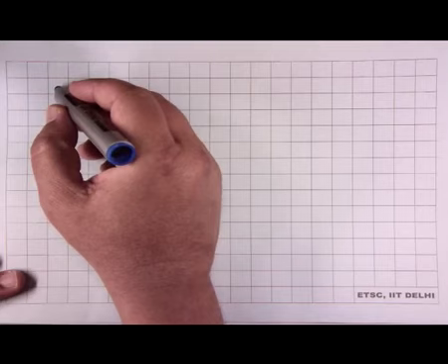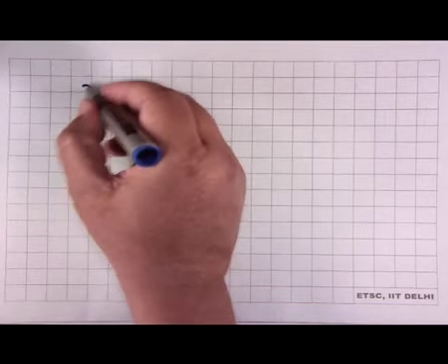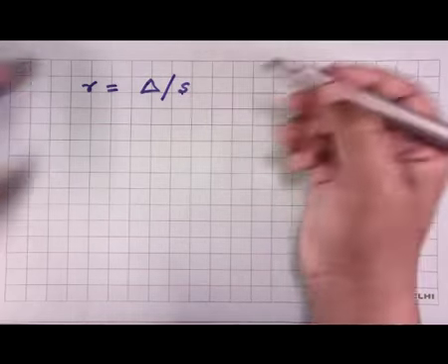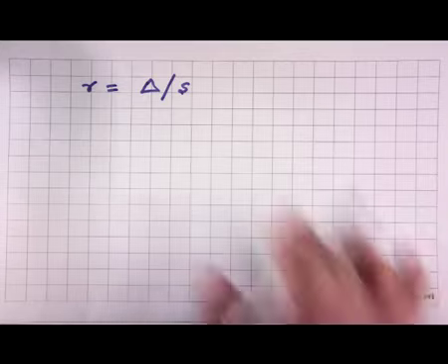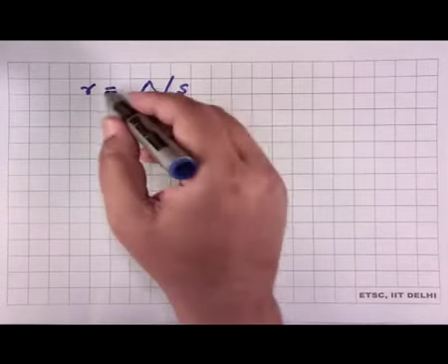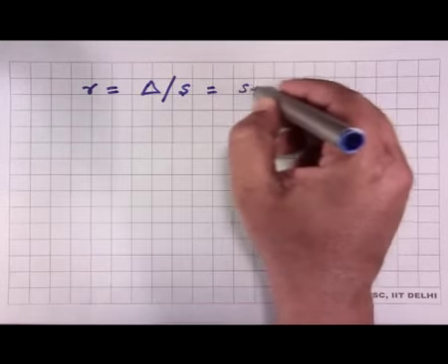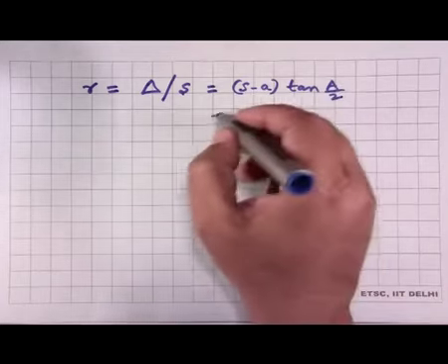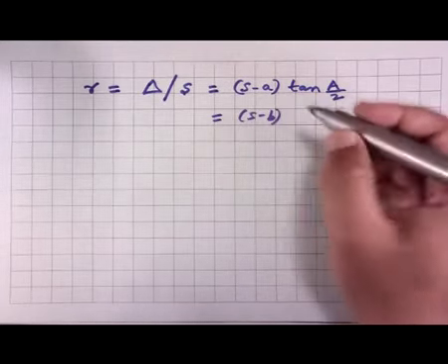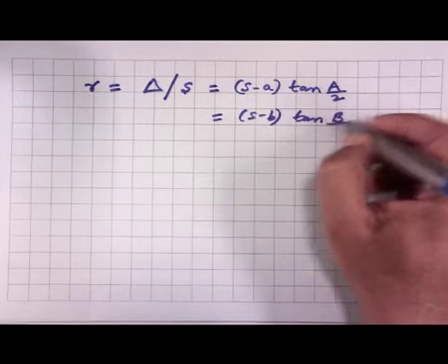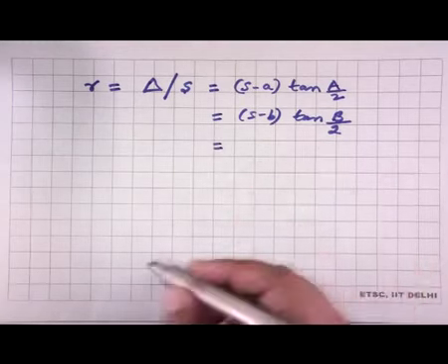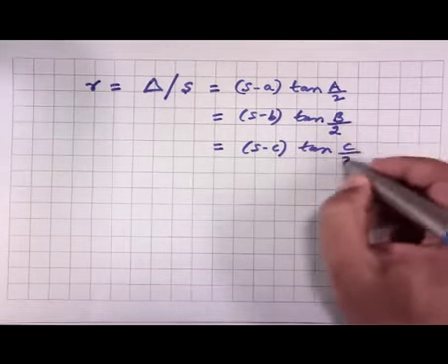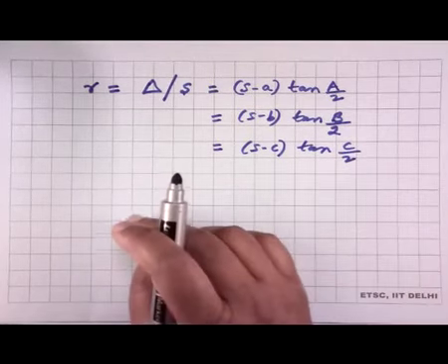Just in the previous slide, we have seen that the in radius is equal to area of the triangle divided by the semi perimeter S. We will now show that this is in fact also equal to S minus A times tan A by 2, which is equal to S minus B tan B by 2, which equals S minus C tan C by 2. So, we will show this now.